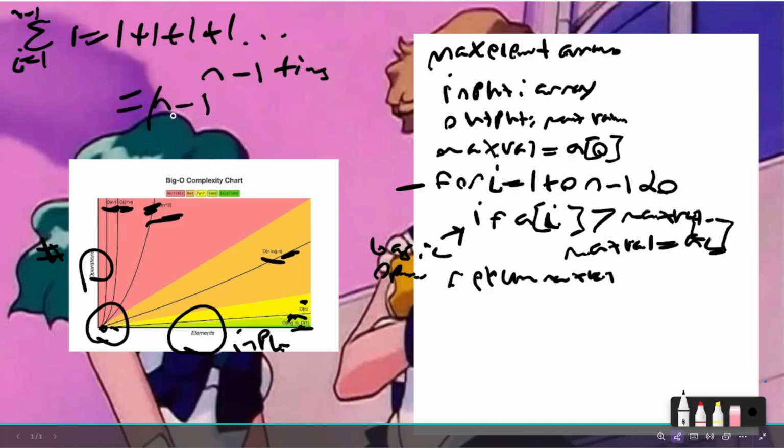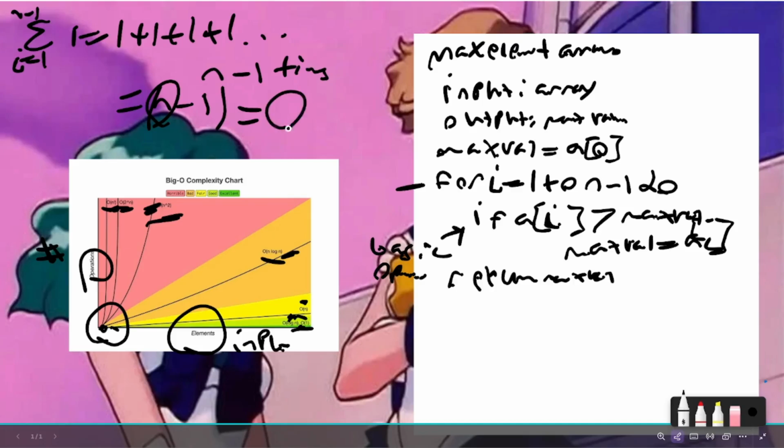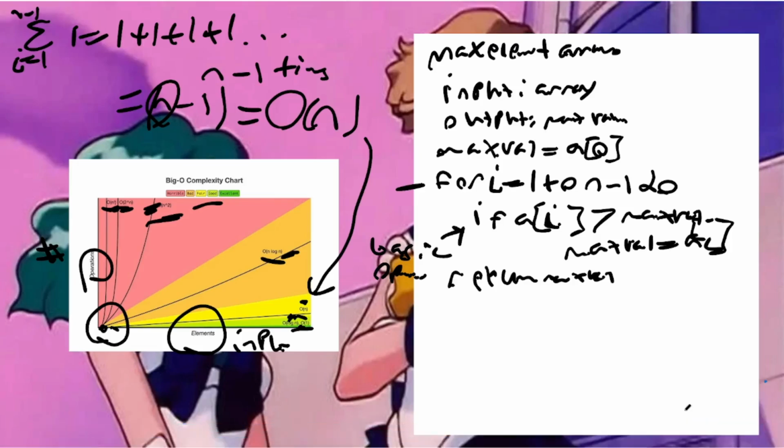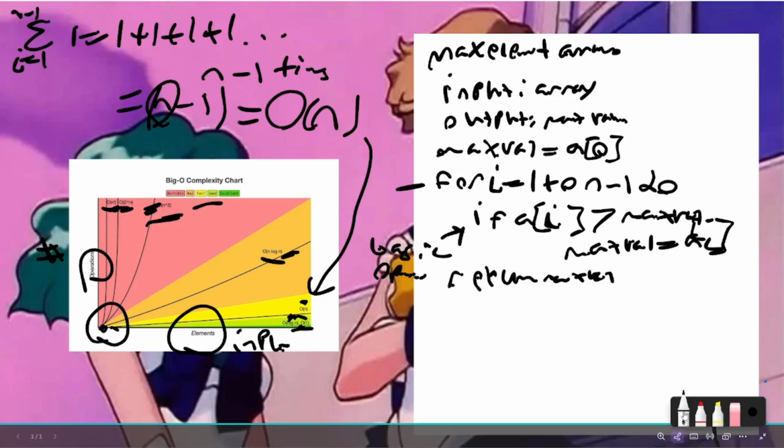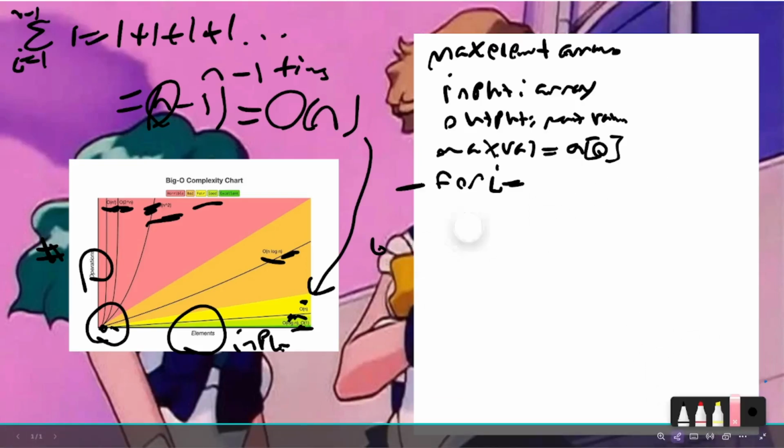Since that's our result, we know the dominant factor that scales with input the most is n. So that would make this O of n. That gives us the efficiency for this algorithm, which is pretty fair. It's also called linear, if you're a nerd about words. It's a linear efficiency. But life can't be that simple.